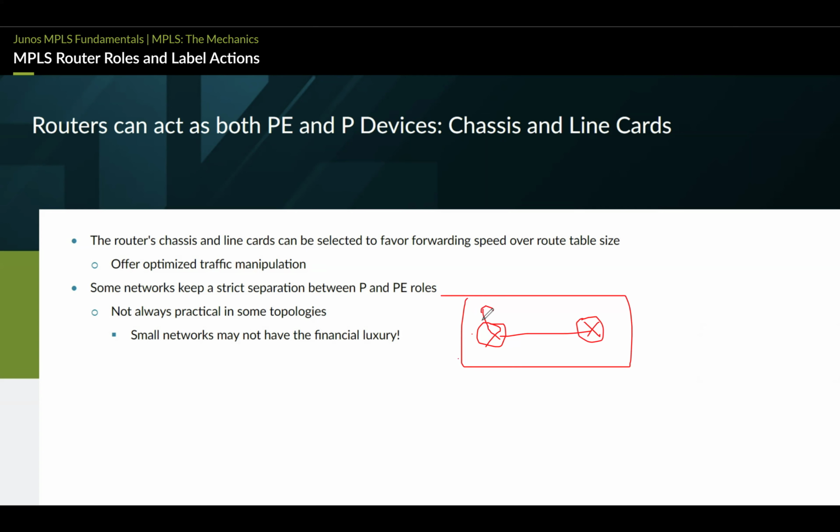If you say this is the provider edge router, it also acts as a provider router. If you add another router in between, you can say this is the provider router and this one is the provider edge router. Okay, it depends on topology basically.